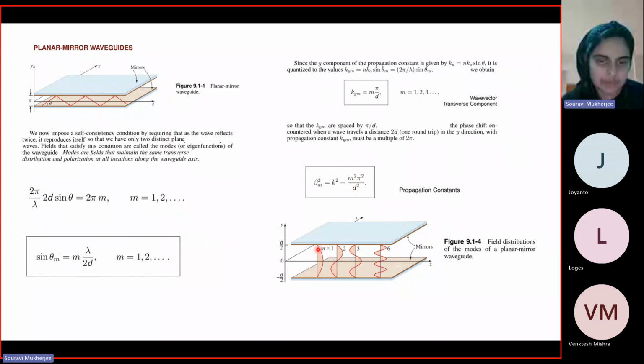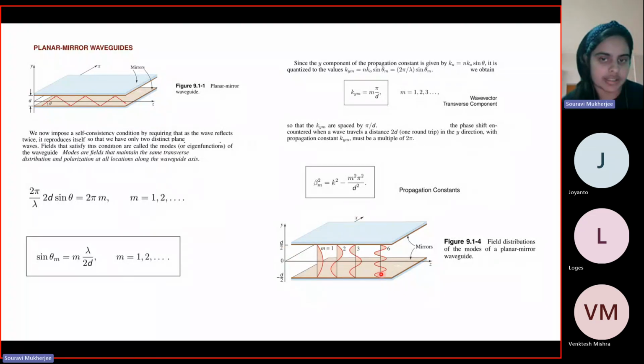Because you have to satisfy this self-consistency condition, you can see that the largest wavelength possible is the case where the wavelength is twice the distance between the two mirrors. If this is d and this is half of your wavelength, then the largest wavelength possible for transmission would be 2 times d, right? So this is how one can understand it pictorially.